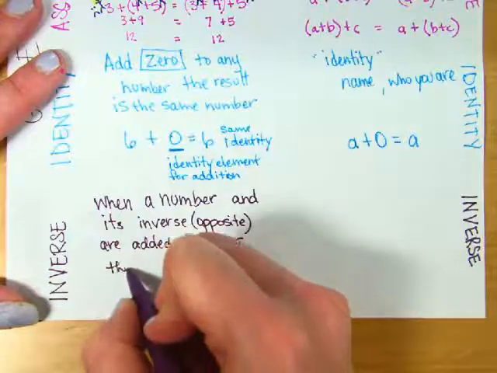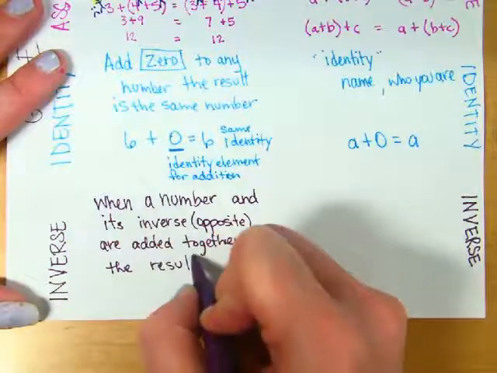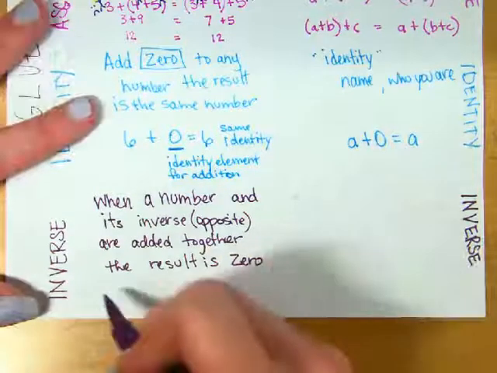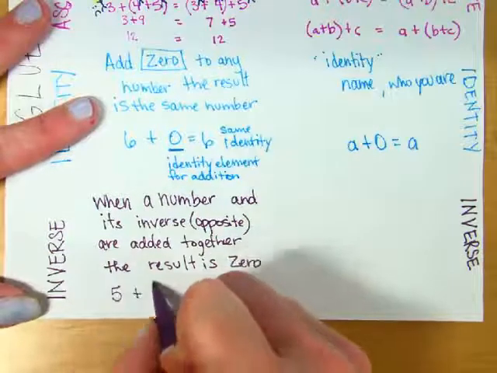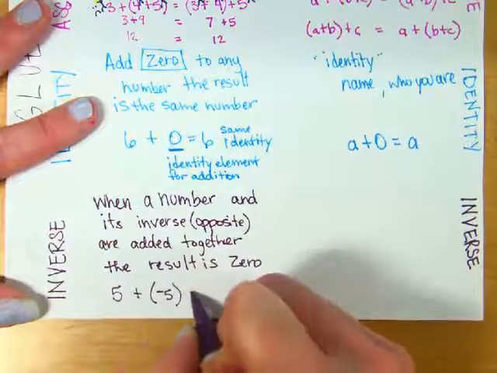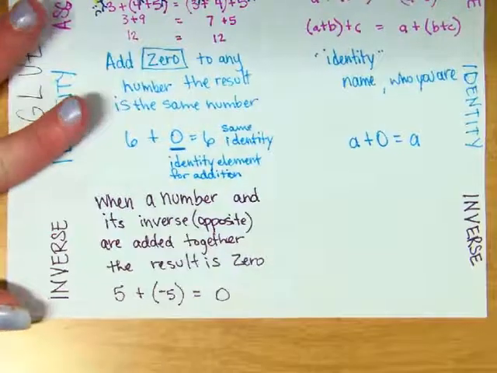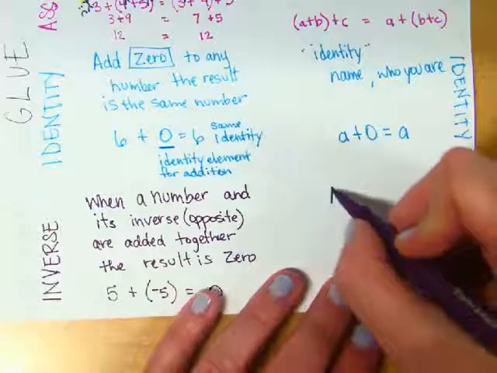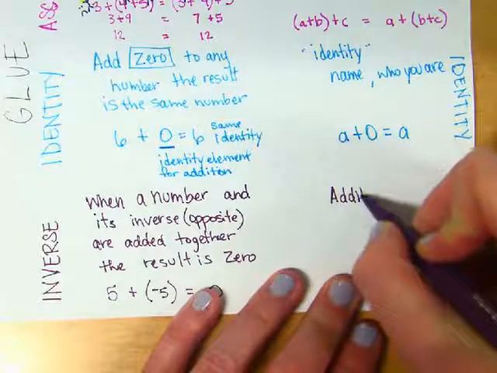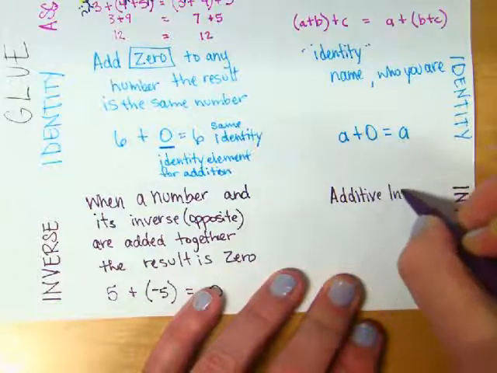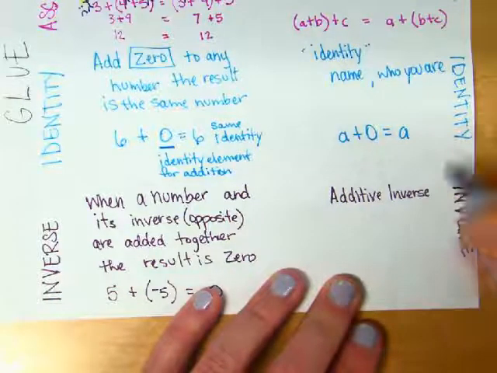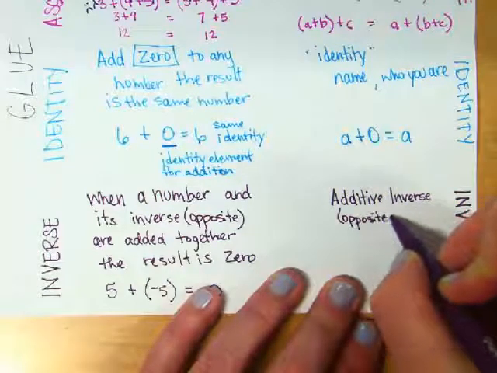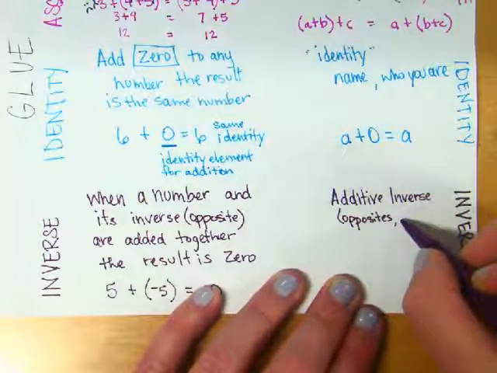The result is 0. So if I have 5, its opposite is negative 5, the result will be 0. So we call this the additive inverse. Sometimes we call it opposites. Sometimes we call them 0 pairs.